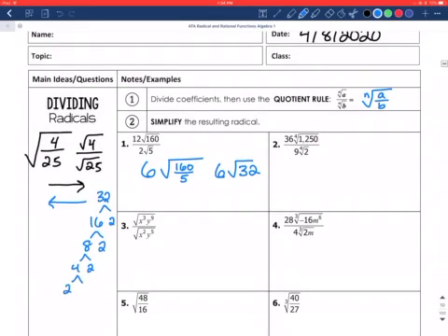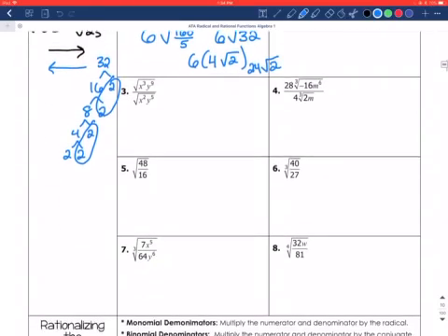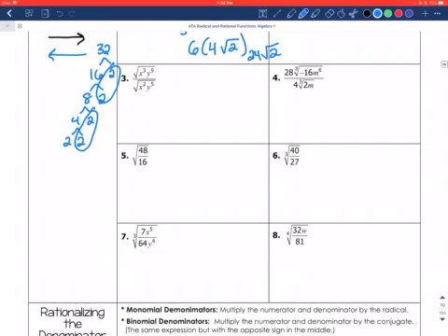I probably could have done that a lot faster, but that's okay. So we've got a lot of 2's. We've got 2 of them, so that'll be a 4 on the outside, a 2 left on the inside. So that will be 24 square roots of 2. Okay? Pretty simple. You can do it that way with any sort of index as long as they are the same. So if you notice, all the problems on here are going to have the exact same index.